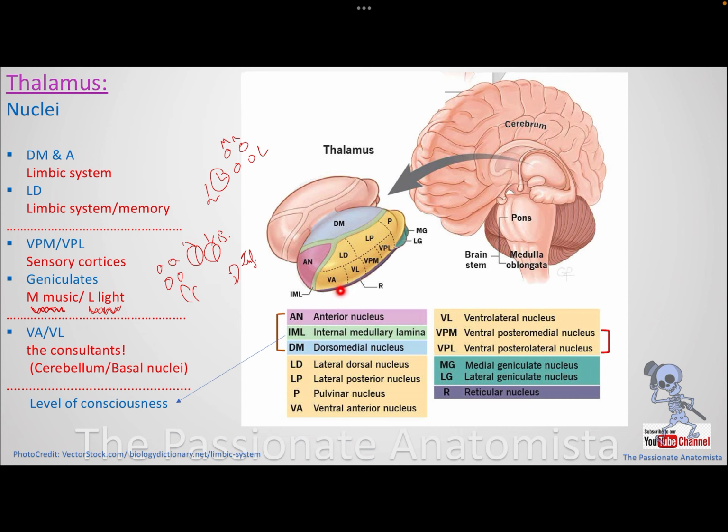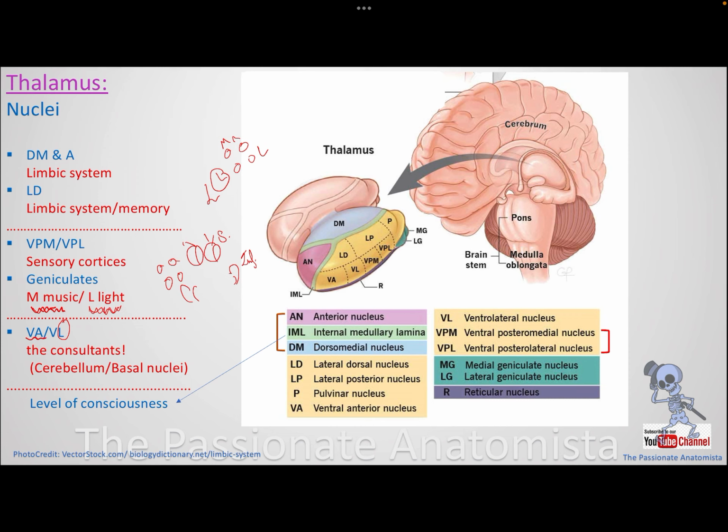So VA and VL deal with the consultant information. The VL is cerebellum and the VA is basal nuclei. Double L in cerebellum. So VL has connections with the cerebellum, and the VA with the basal nuclei.